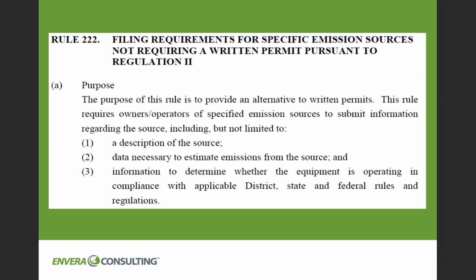So, again, there's the 4 or the 3.5 steps, however you want to call it, for determining whether or not a piece of equipment is subject to permitting: number 1, review Rule 201. Next, review Rule 219. Step 2.5 is review the exemptions in Rule 219. And then the last, or the third, or the 3.5, or the 4th step, however you want to call it, is to review Rule 222.